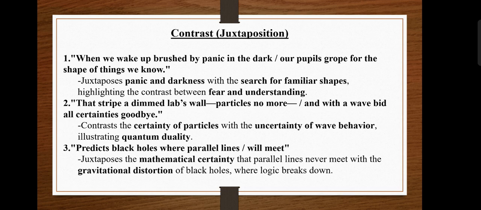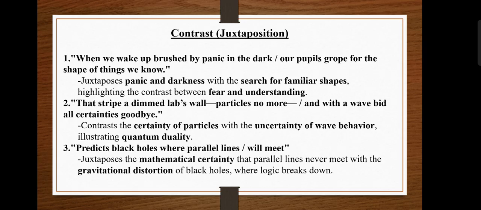Then there is the line, it predicts black holes where parallel lines will meet. So it juxtaposes the mathematical certainty that parallel lines will never meet with the gravitational distortion. According to mathematics, parallel lines won't meet anywhere.